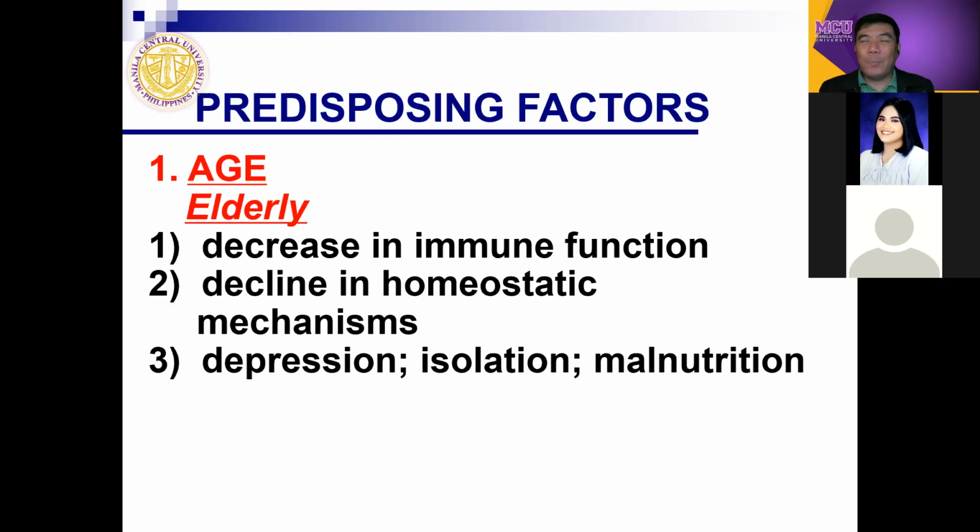For elders, I remembered when I asked why elders are more prone to infection. Ang general answer ninyo are most decrease in immune function. So these are your most response po.